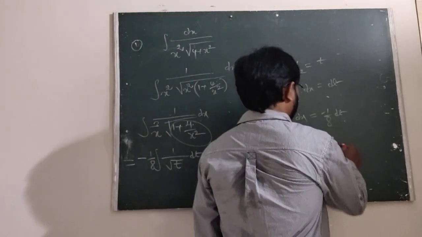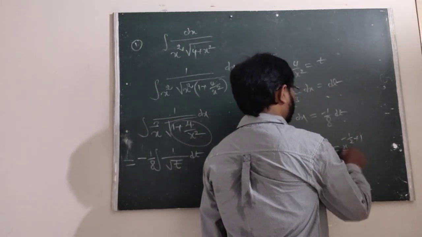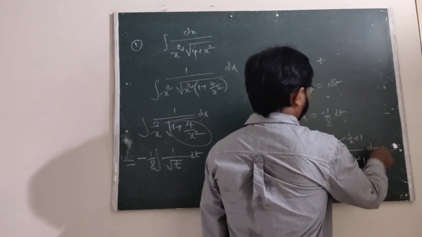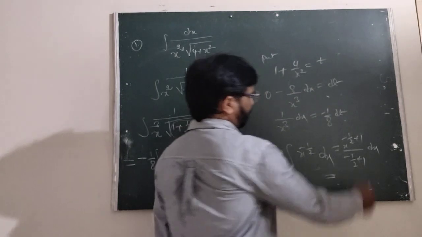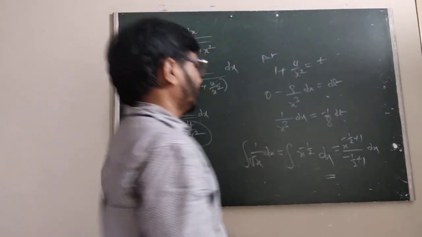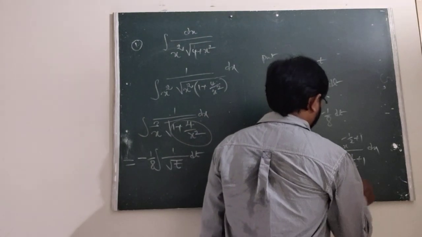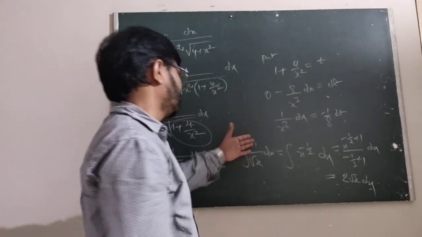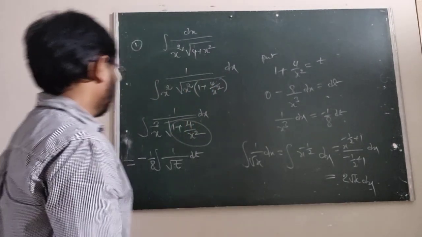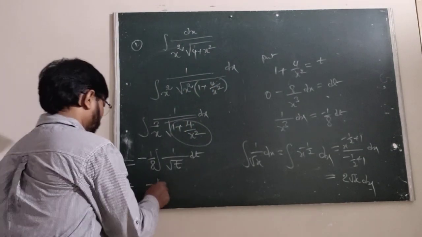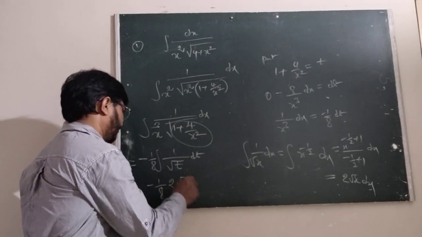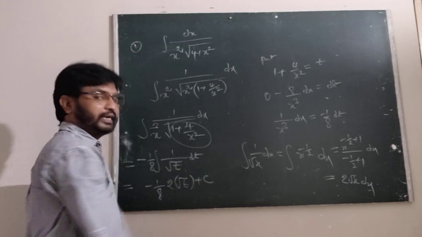Here x power minus 1 by 2 plus 1 is 1 by 2, which is sent into the denominator, giving 2 root x. Also the integral of f dash x by root f of x is 2 root of f of x. Now we can write this as minus of 1 by 8 into 2 root t plus the integral constant c.